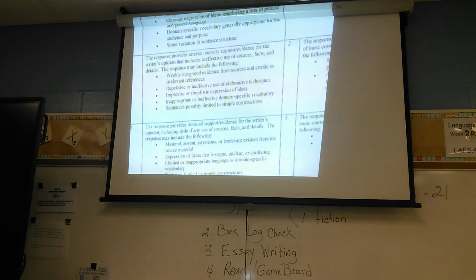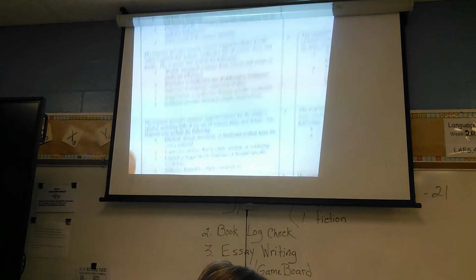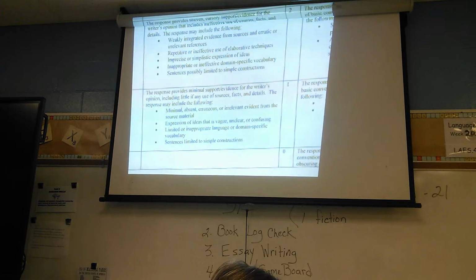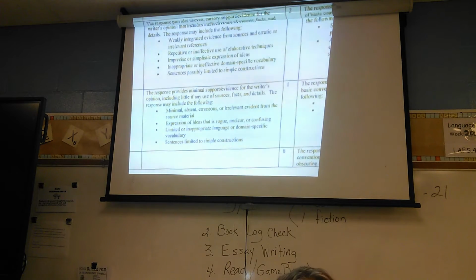Sentences are simple. Okay, to get a 1, the response provides minimal support or evidence for the writer's opinion or explanation, including little, if any, uses of the sources, facts, and details. The response may include the following. Now, so for those of you who wrote and gave facts and details, but you didn't cite any of it, the best you can do is a 1.